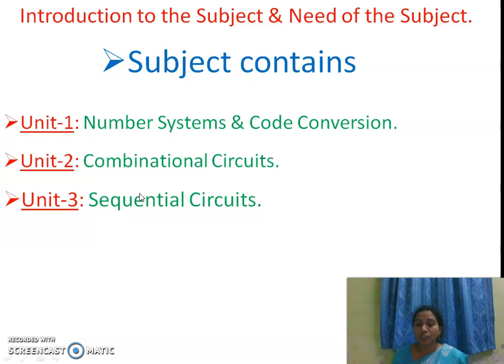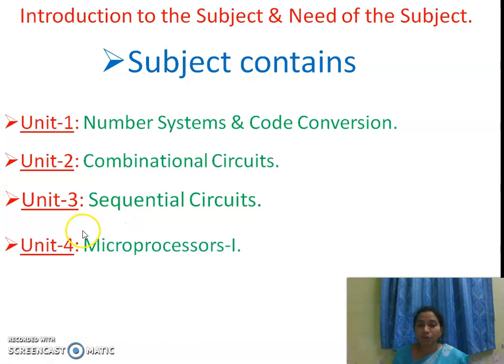Now coming to the remaining 2 units, which belong to microprocessor. As I already told you, DEMP is two subjects combined in this semester as one subject for you. The first 3 units belong to digital electronics and the remaining 2 units belong to microprocessor.